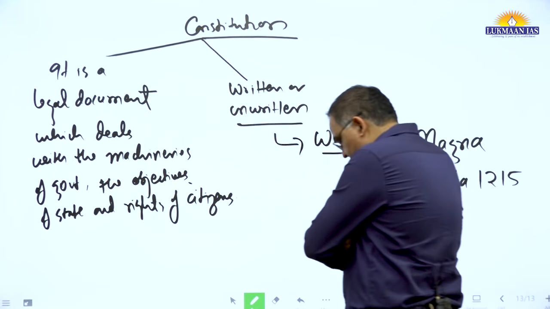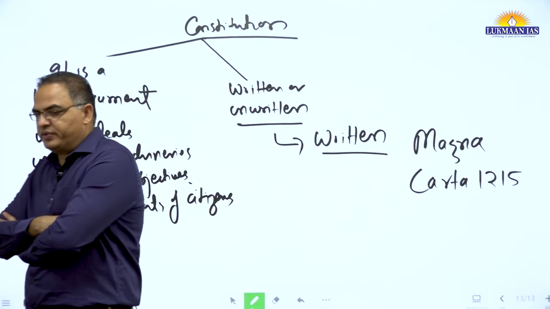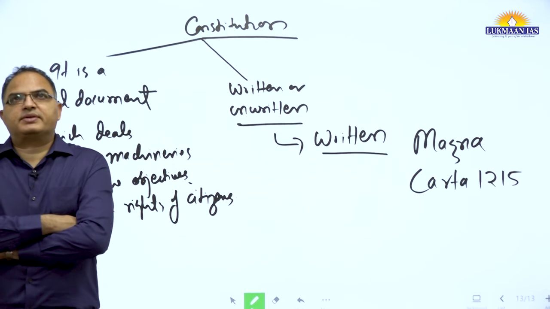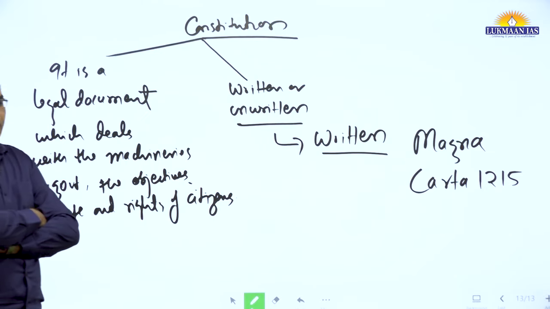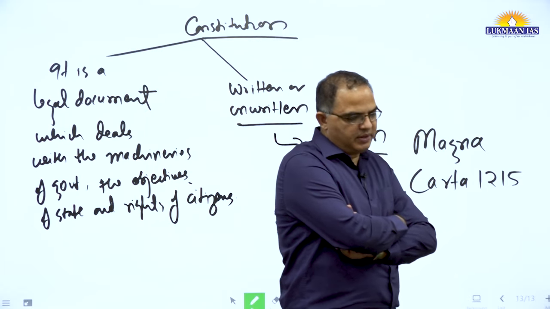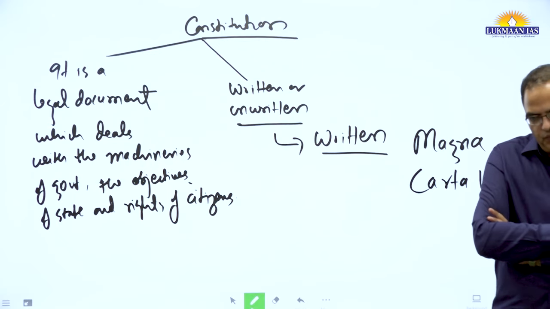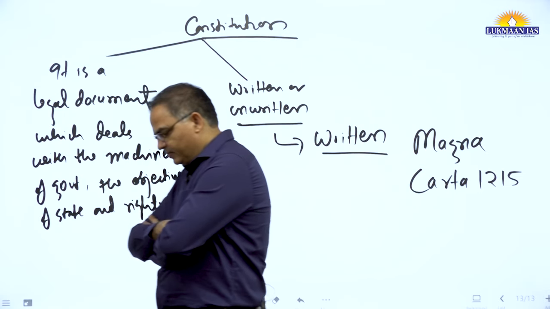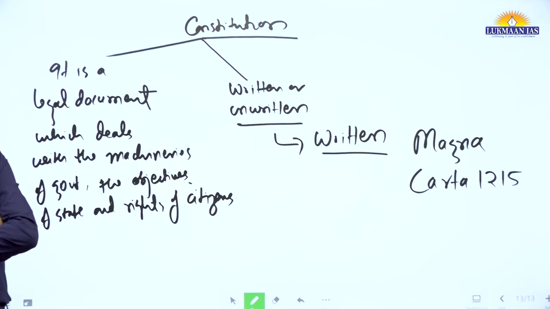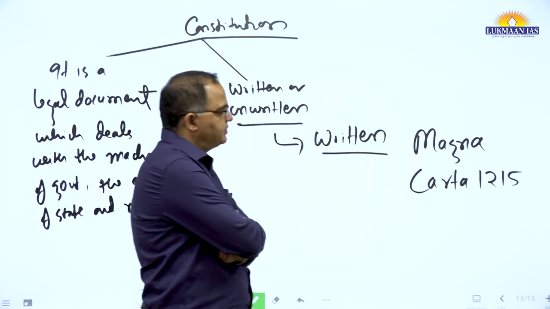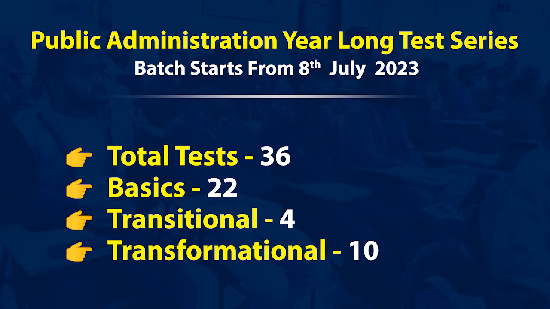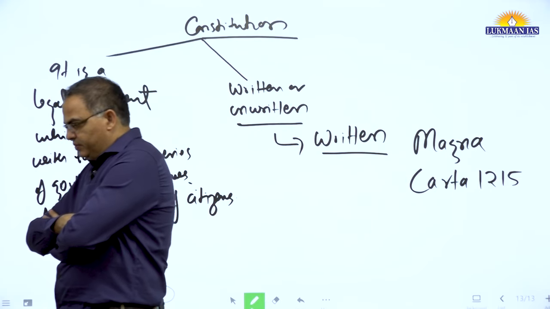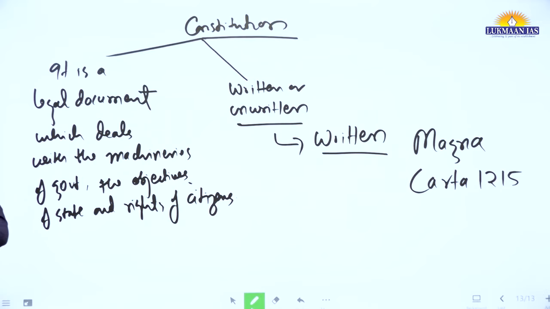Next, a written constitution becomes the fundamental law of the land, which is considered supreme, and all other laws are subordinate to this law.